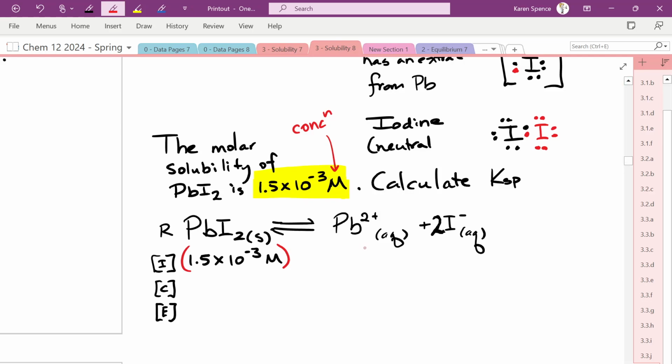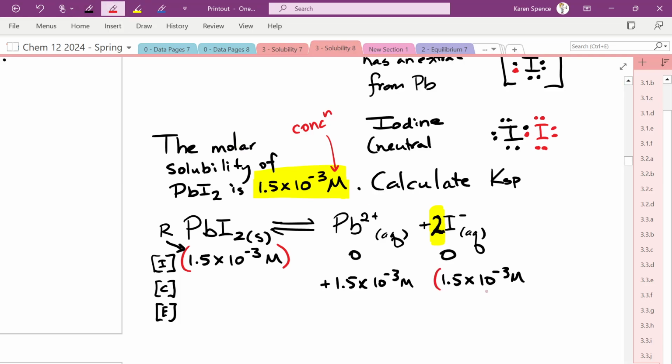How much lead do I start with? How much lead is dissociated in the very instant when it hits the water? None. 0, 0. Now, how much dissolves? This much dissolves. 1.5 times 10 to the minus 3 molar. Except I have a coefficient for iodide, so what do I need to do?